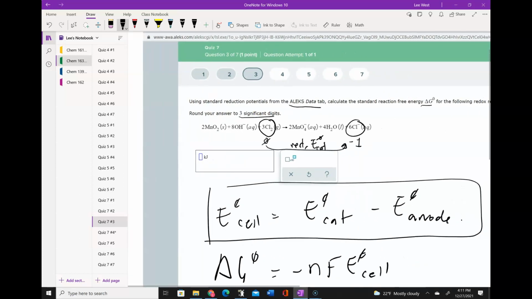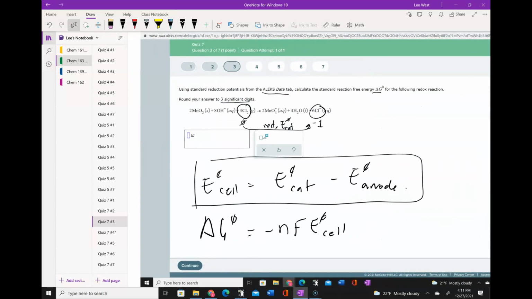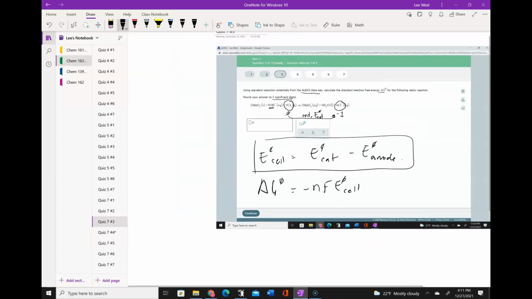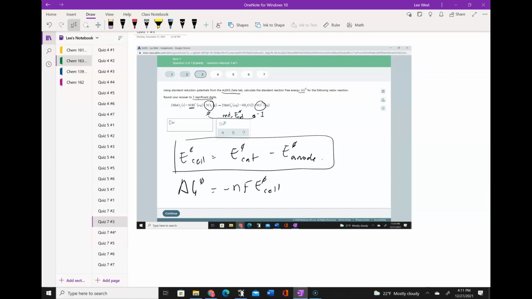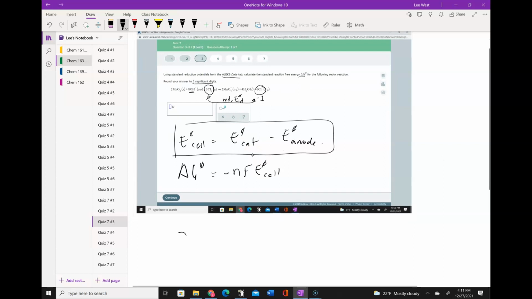It's my cathode reaction. One thing to be aware of is that this is taking place under basic conditions. So when I look that up, if there's an option for basic conditions, I need to pick that one, not the one for acidic conditions. So let's see, do we have this reaction?